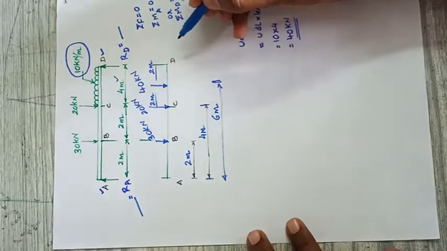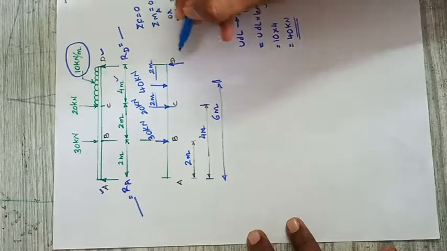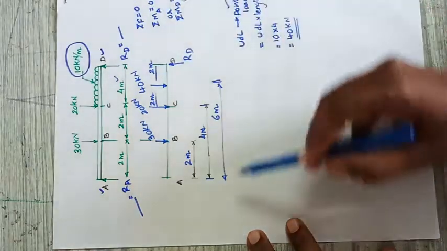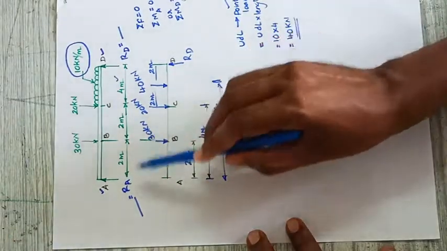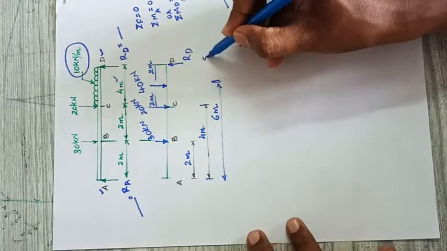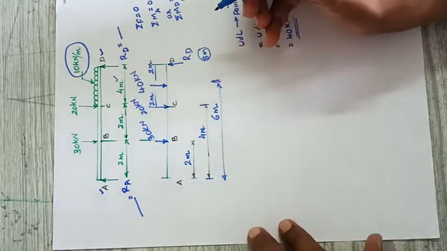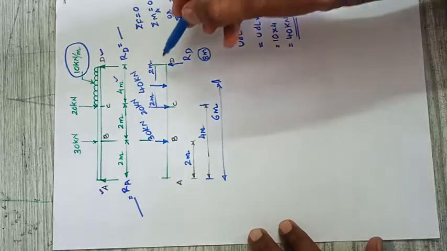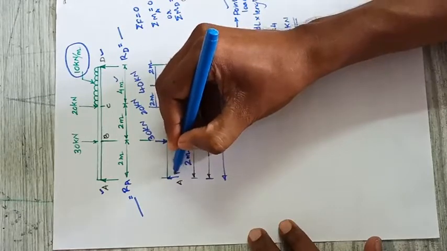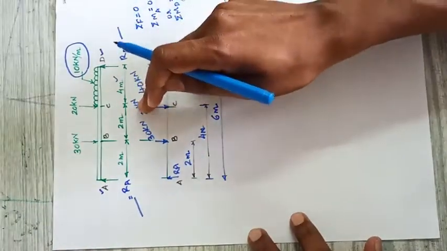And last one, we have RD acting upward, and what will be the length from point A? It is 2 plus 2 plus 4, totally 8 meters. Okay, I will write here along with this line, here is RA, RD, 40, 20, 30.